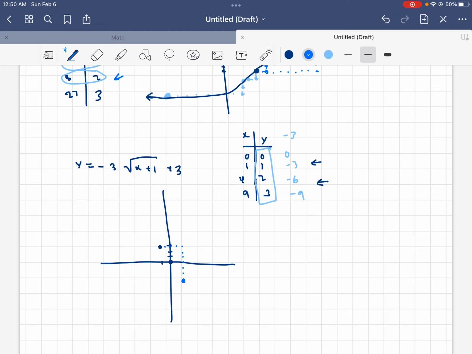And then we have 9, -9. So starting from here, 1, 2, 3, 4, 5, 6, 7, 8, 9, and down 1, 2, 3, 4, 5, 6, 7, 8, 9. Something like that. So you have a graph that stops.